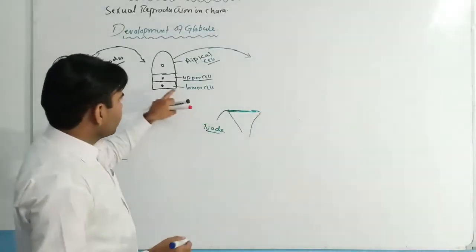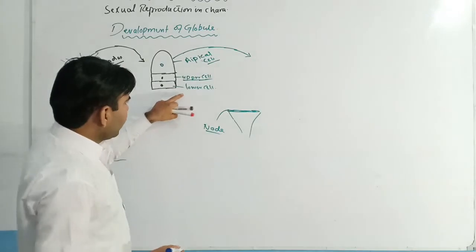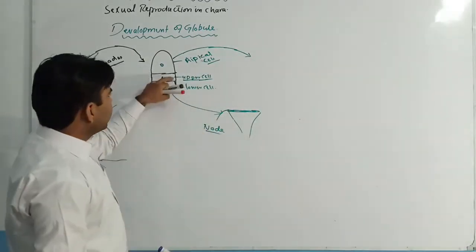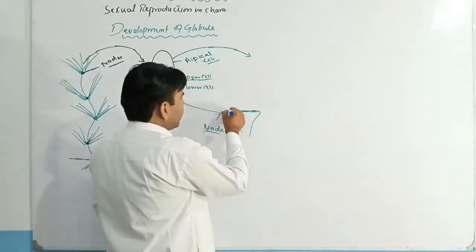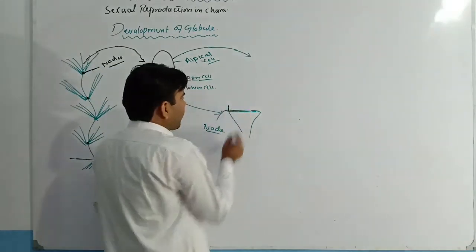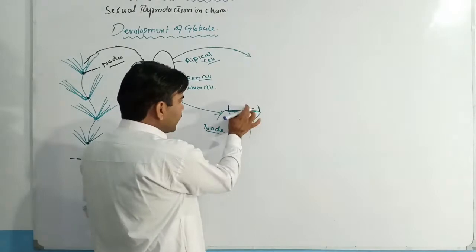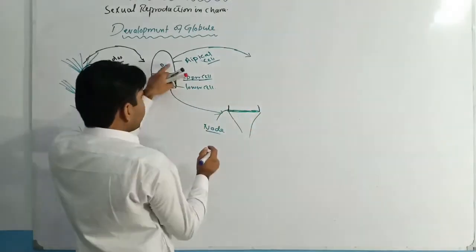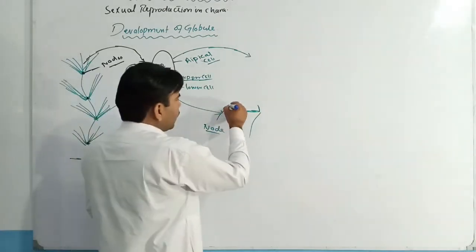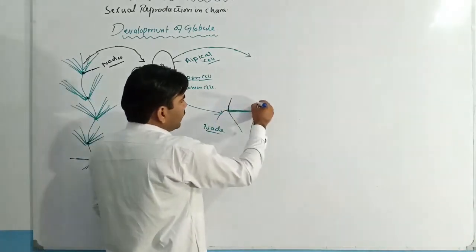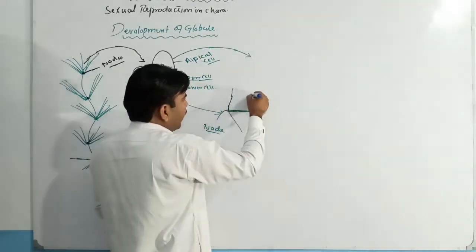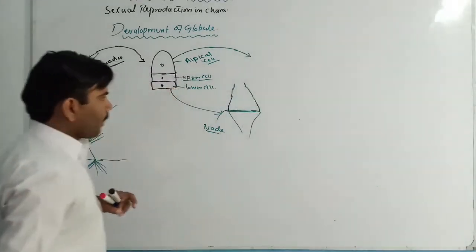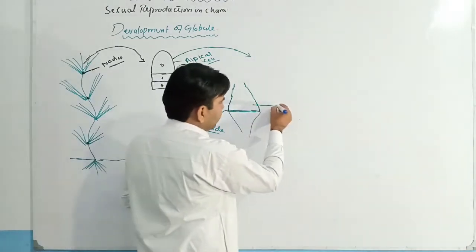I am again telling you, this lower cell forms this structure which is known as node, and these cells are present at the upper side. Here this one is an upper cell, but at the upper position there will be an apical cell. This upper cell always forms the pedicel.